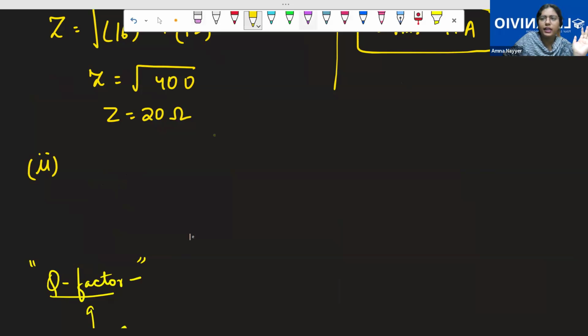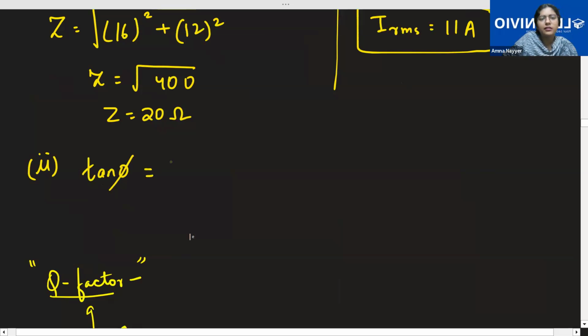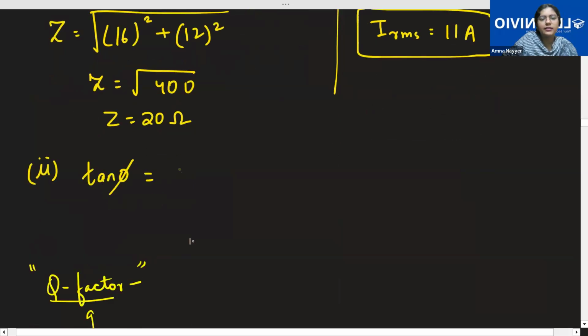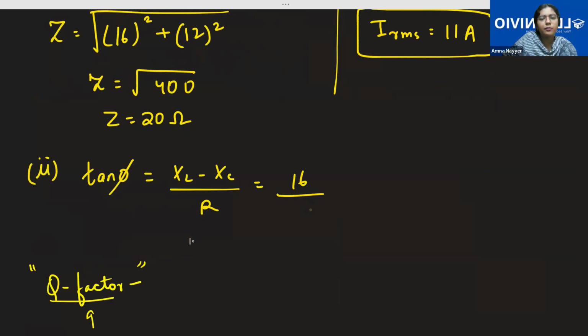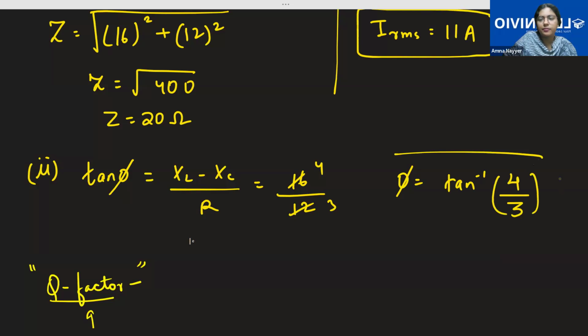So tan phi will be XL minus XC divided by R. This is 16 divided by 12. So we can say this is 4 by 3. So phi is equal to tan inverse 4 by 3. Clear?